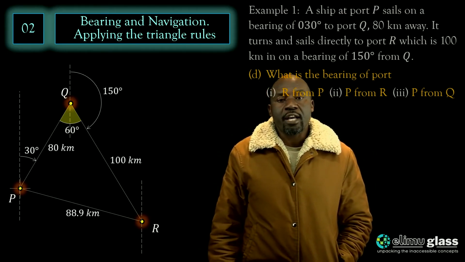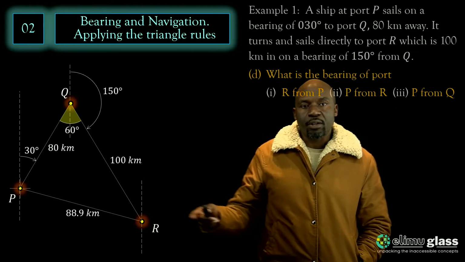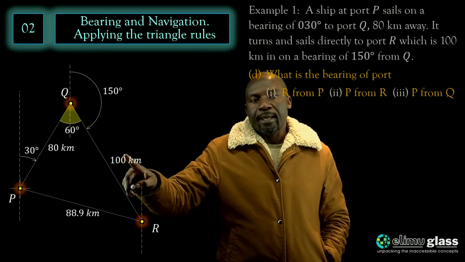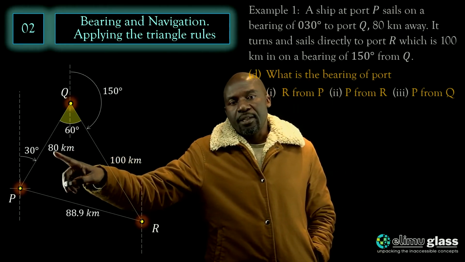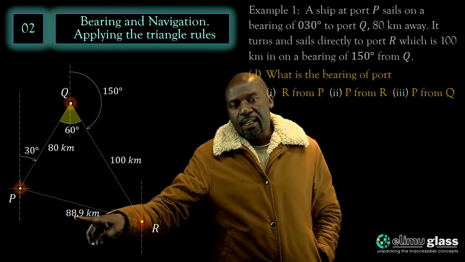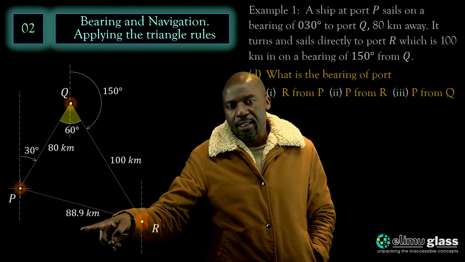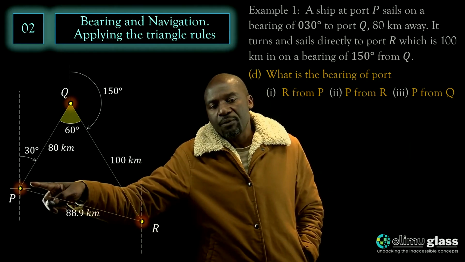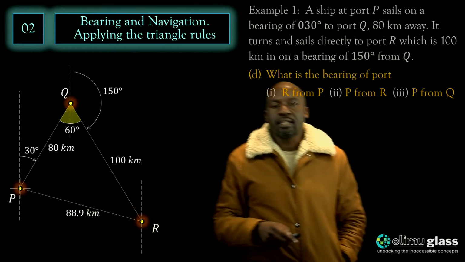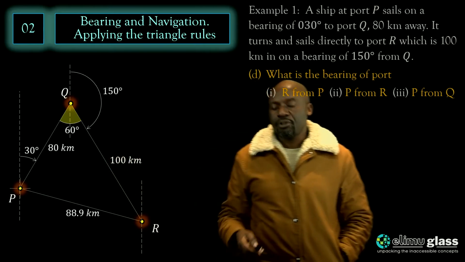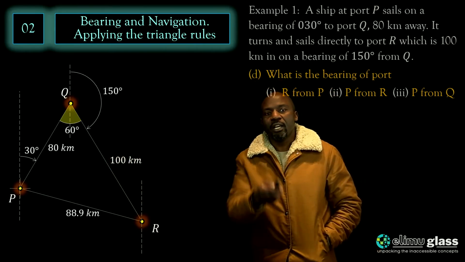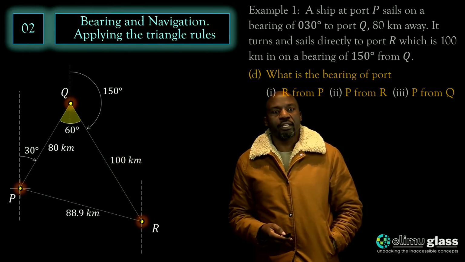You can try and use the cosine rule, which also works, because 100 squared is 80 squared plus 88.9 squared minus twice times this, cosine of that angle we are looking for. So you can make cosine the subject of the formula and find it. I leave that to you to do as an exercise and confirm the result we are going to get using the sine rule.